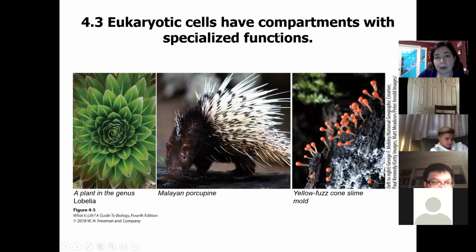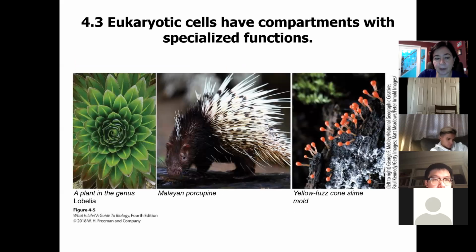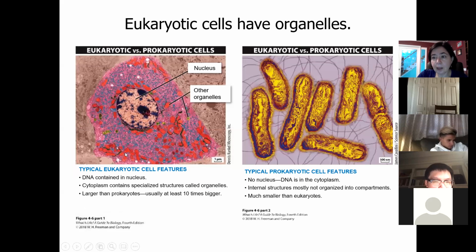Okay, so eukaryotic cells are different, and eukaryotes include plants, animals, fungi, and single-celled organisms called protozoa or protists. Eukaryotic cells can also be made of only one cell, or could be made of many cells.